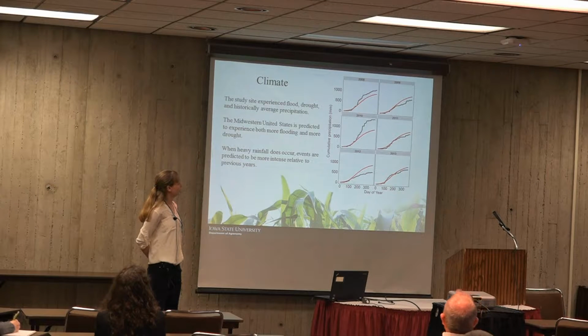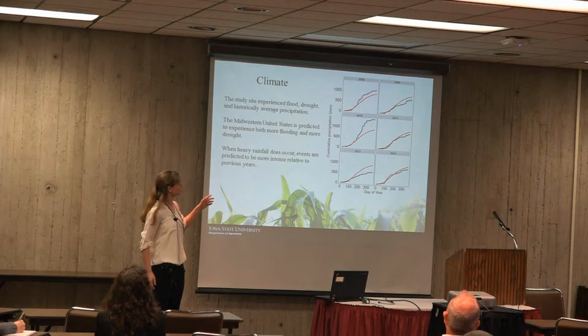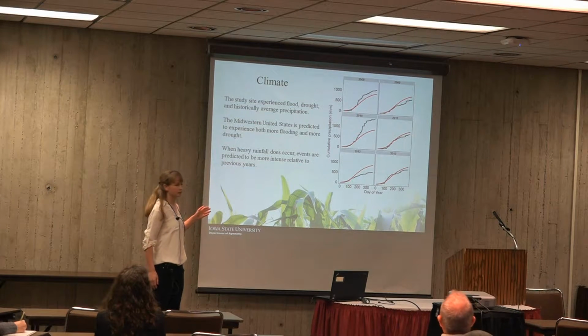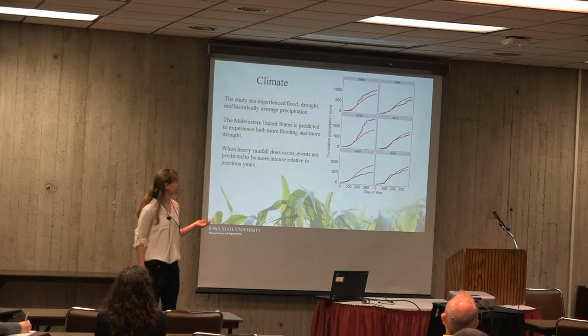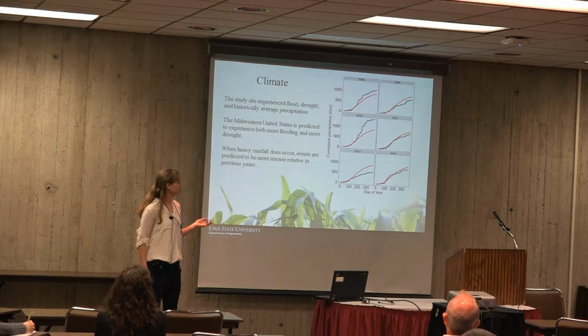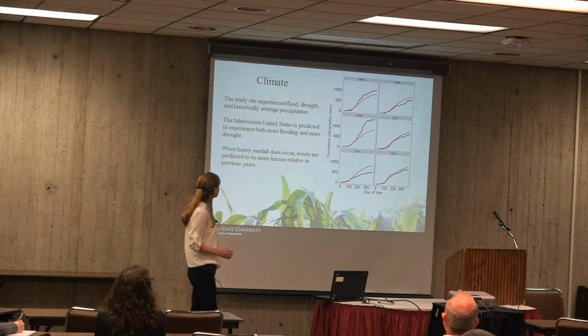And in 2008, 2010, and 2012, so the even years, they were really off the average. The first two, 2008 and 2010, were very wet years, and 2012 was a very dry year, whereas the odd years, 2009, 2011, and 2013 were more similar to what we had historically seen.